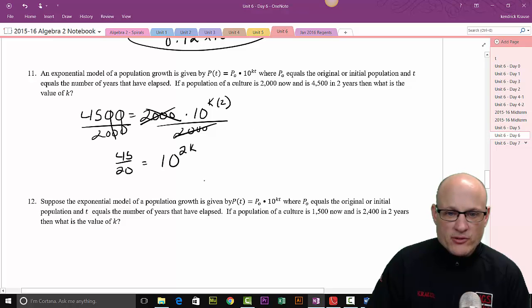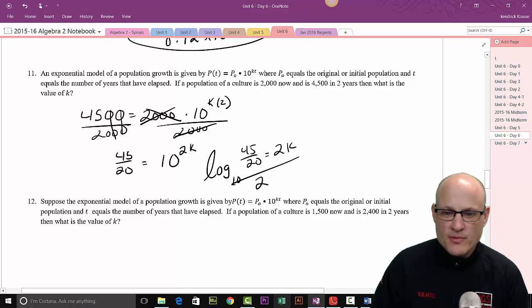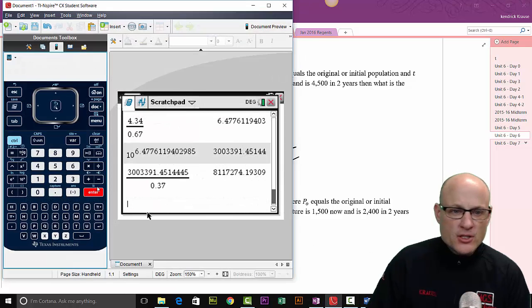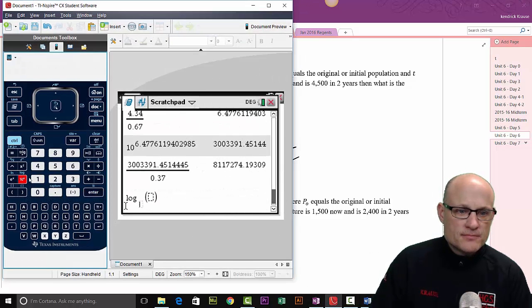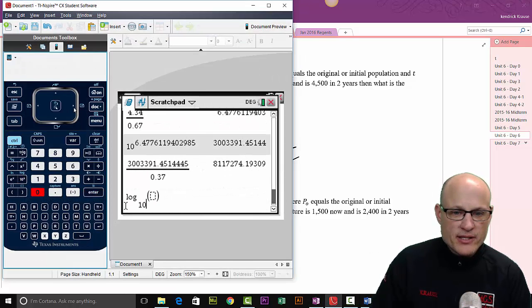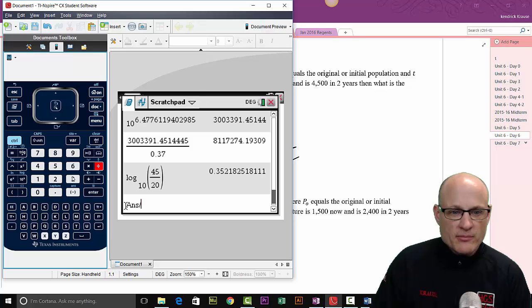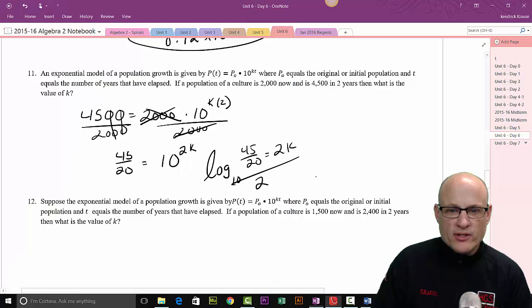Log base 10 of 45 over 20 is equal to 2K. And then we just divide by 2. So log base 10 of 45 divided by 20 equals, and then we divide by 2. 0.176.